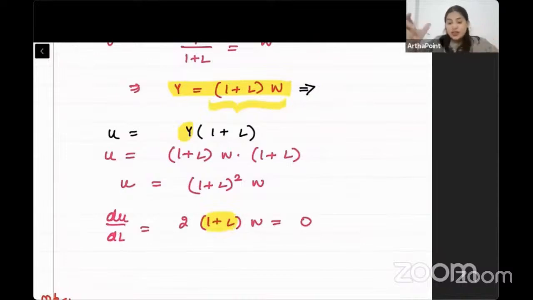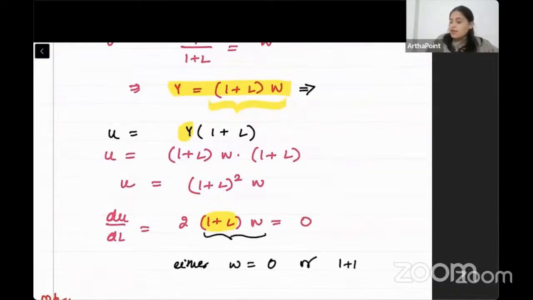So L, which is leisure, is coming as negative. But one thing that is sure is that it is not a function of the wage. When you equate this to 0, you will get either W is 0, because the product is 0, or 1 plus L is 0. So either W is 0 or L is -1.